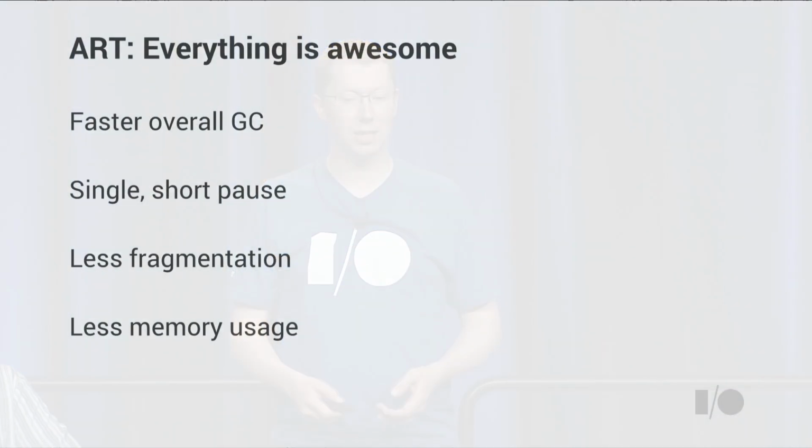We've reduced the number of pauses and made the pauses themselves shorter. We've taken ergonomics decisions and strategies to reduce the amount of fragmentation so that we no longer need the GC for alloc. And we've done all of this with support for things like moving and compacting collectors and ways that allow us to use less memory.